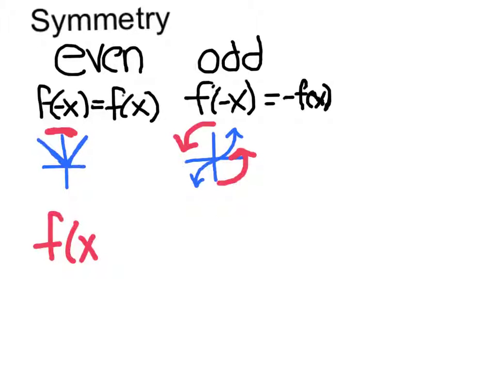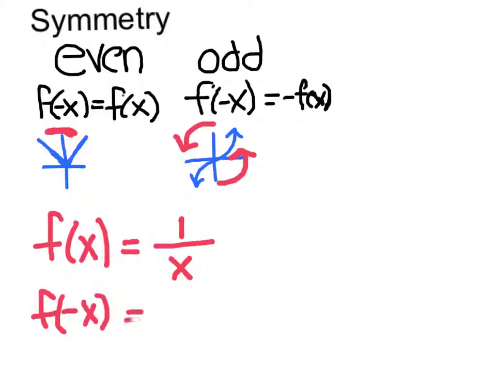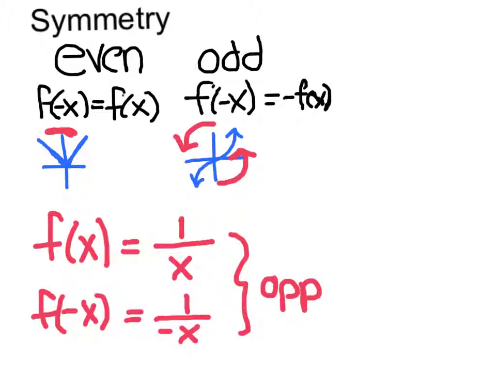Like, let's say you had f of x equals 1 over x. If I were to put a negative into that function, I would get 1 over negative x. These right here are opposites, and so if they're opposites, it's an odd function.